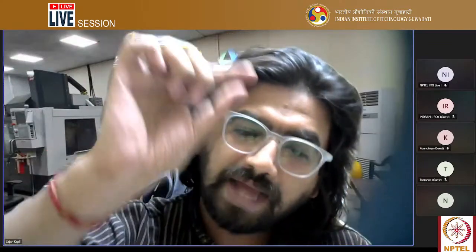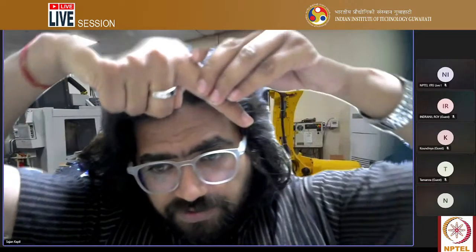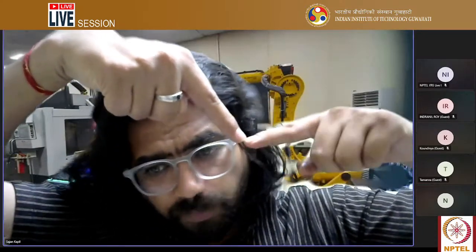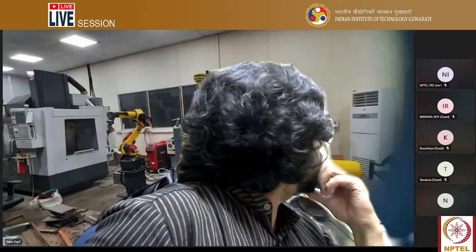That means the diameter of the beam will be the same, but due to geometric distortion, the beam is having the same diameter at this point, right? The focal point has not changed, but due to projecting the beam at an angle, it will become an ellipse. So for that, after the F theta lens, they use another lens.